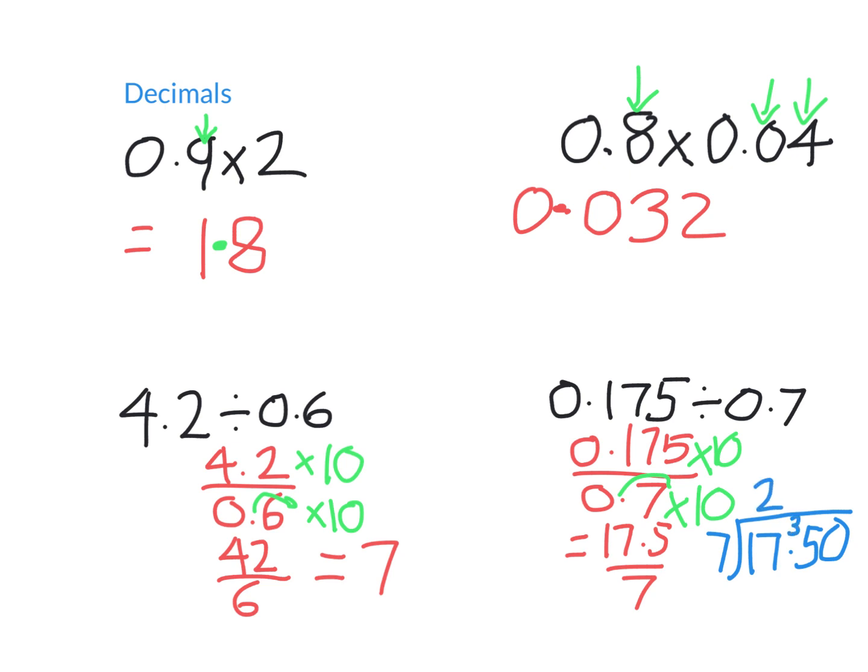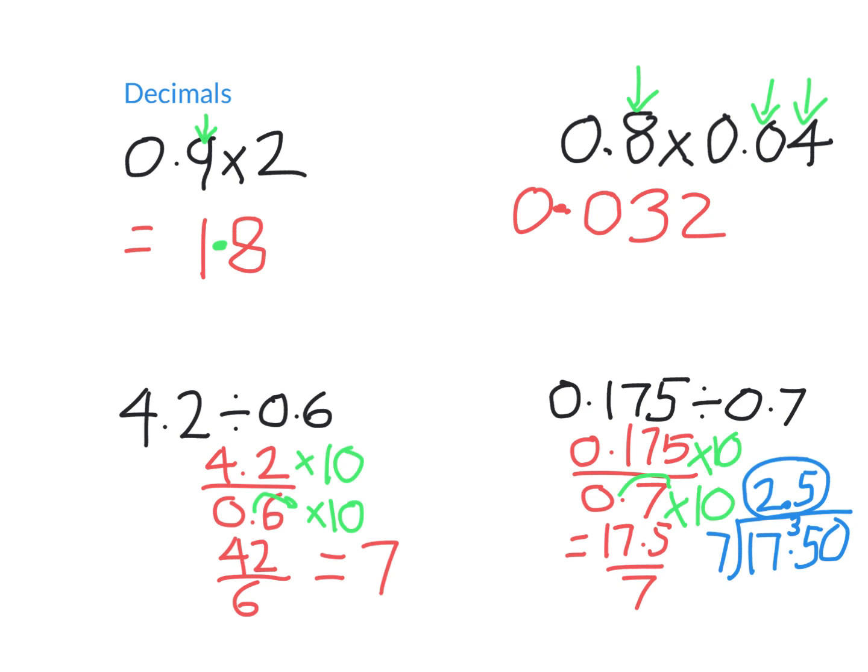Now what's really important when you're doing these short divisions is that decimal point goes above decimal point. So now I go, how many times does 7 go into 35? It actually goes 5 times. So that's my answer. 0.175 divided by 0.7 is equal to 2.5.